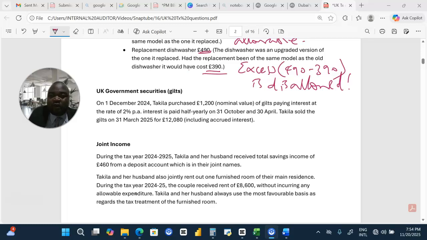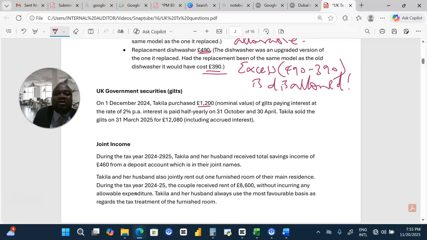£12,080. So a clever student should have seen that this was a typo. Normally, UK gilts or government securities do not vary that much between the nominal and the current market value.